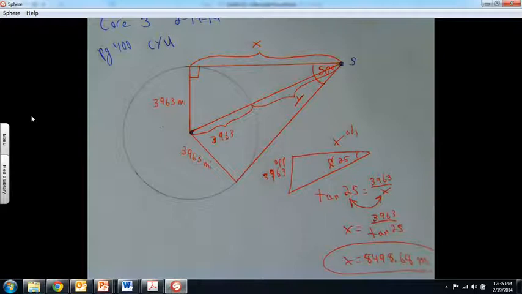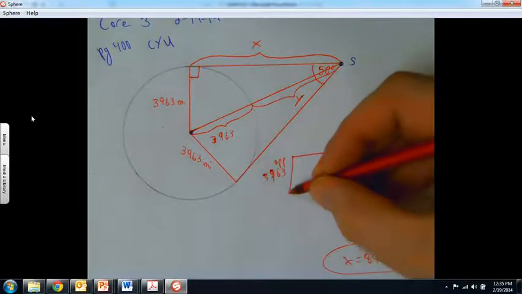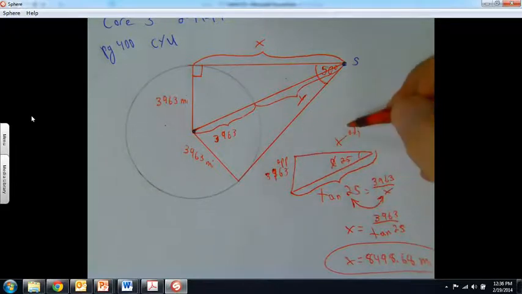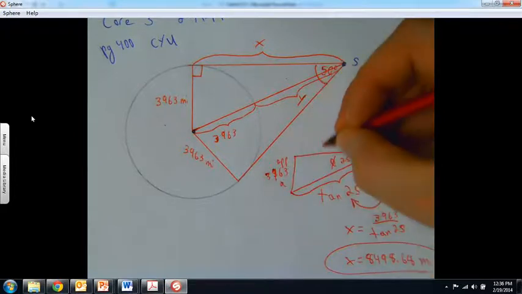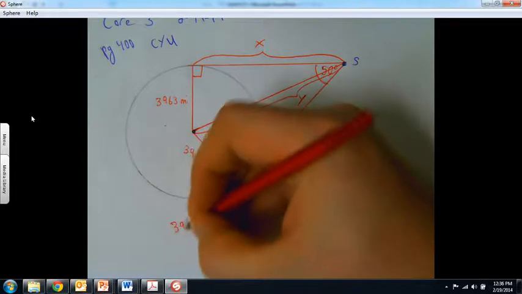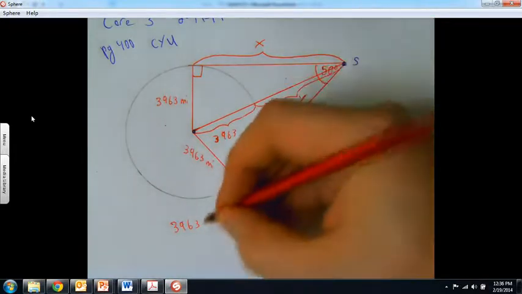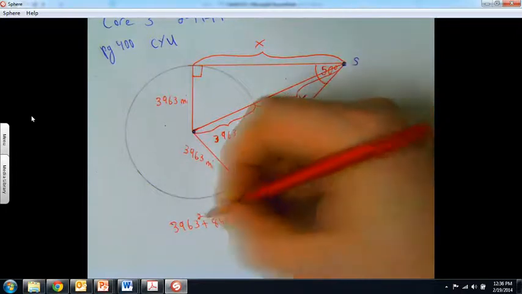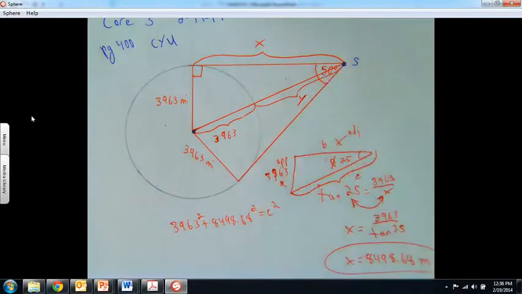So to do that, we have to come up with this entire side length. Now that we have two side lengths, it's just Pythagorean theorem. We'll have A, B, C that we're solving for. So 3963 and 8498.68, both of those squared and added, will equal our C squared.